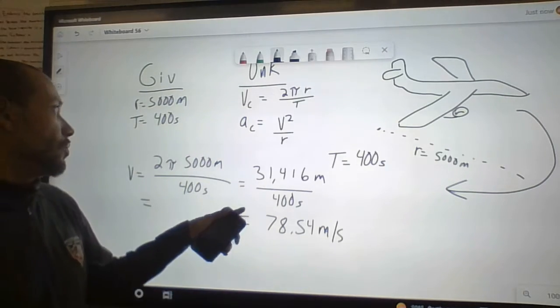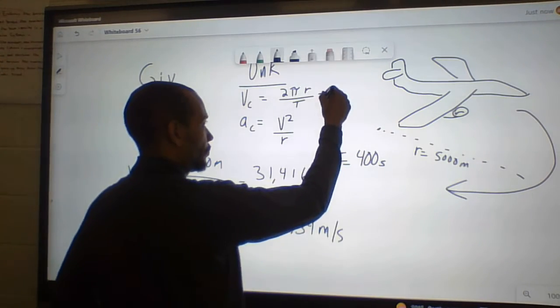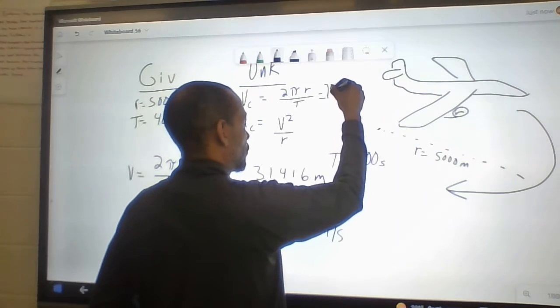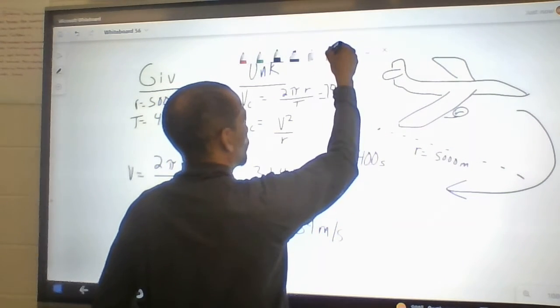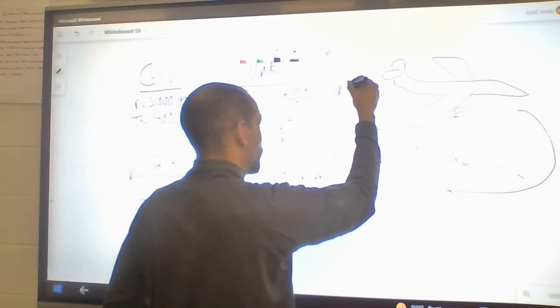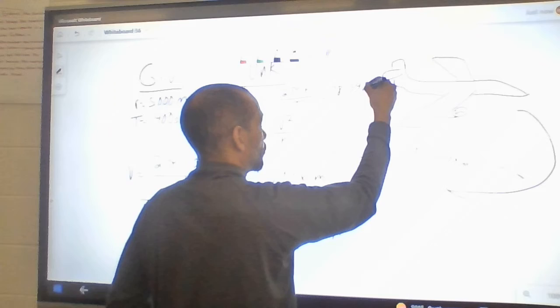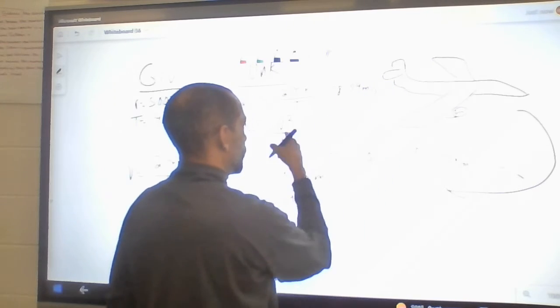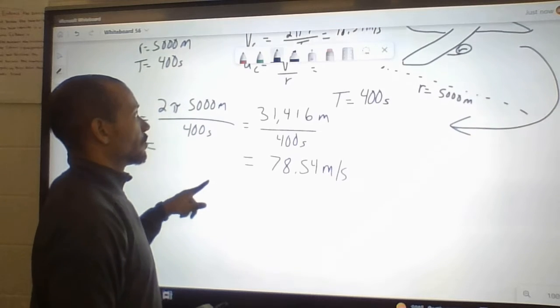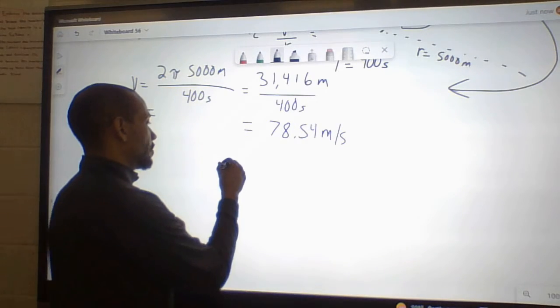All right, so now we know what our velocity is equal to. And then now I'll just come in and place that in this equation here. So we have acceleration.